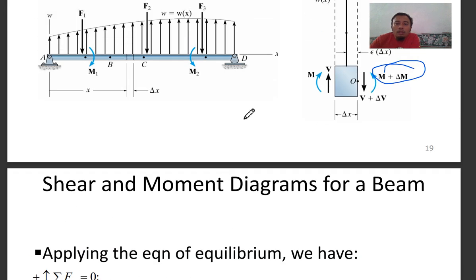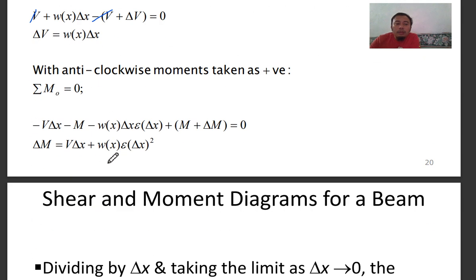This is analyzing a small portion of the beam. So this is a function, and you can see your increment of moment is in x to the power of 2 and x, so it is a quadratic equation.